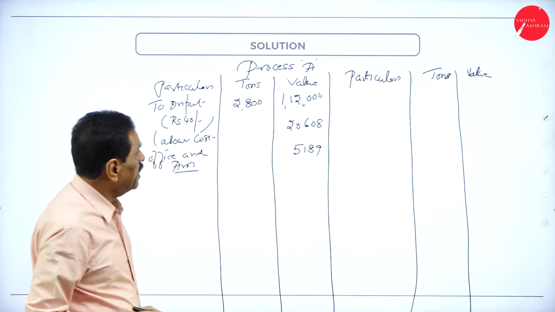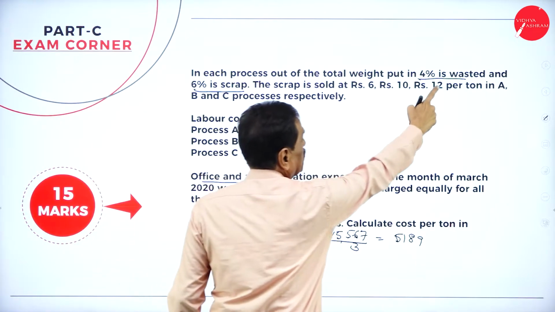Then the problem says in each process 4% is wastage.